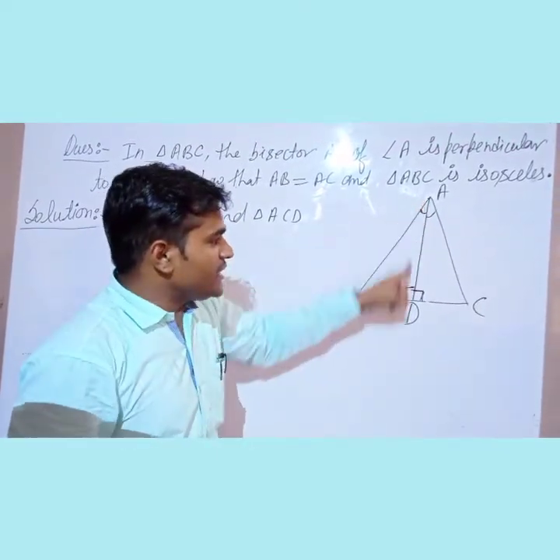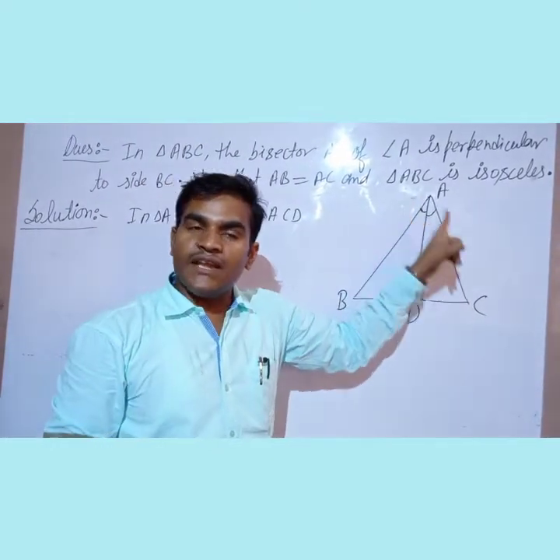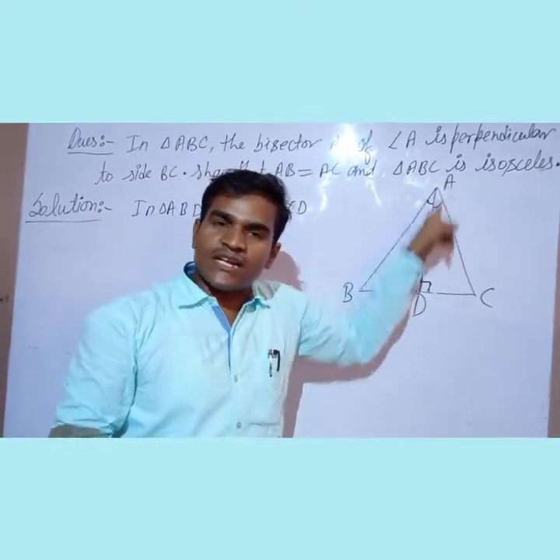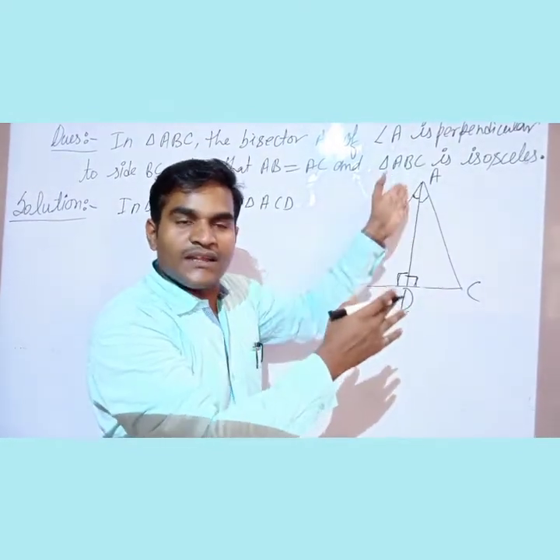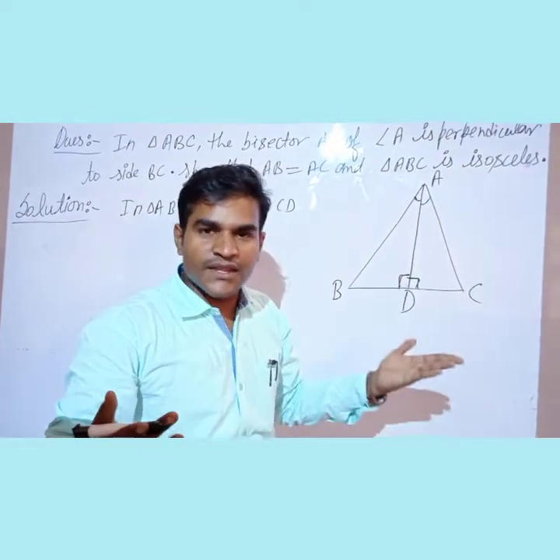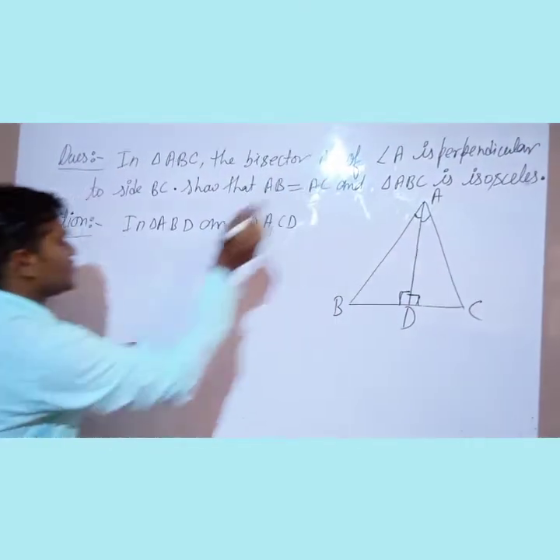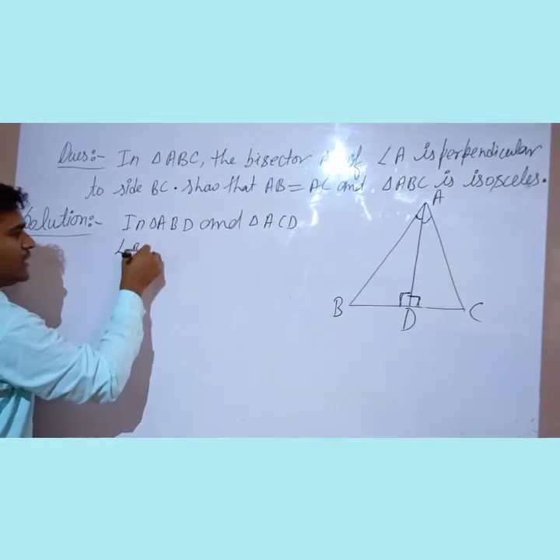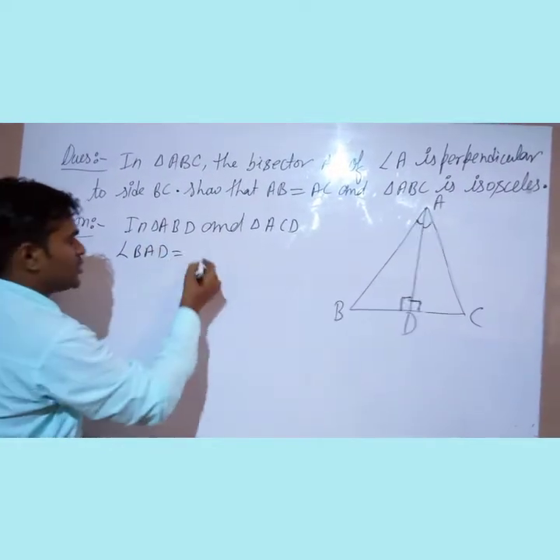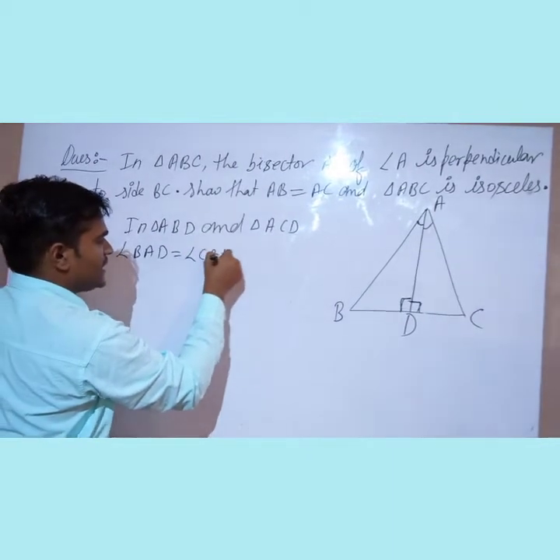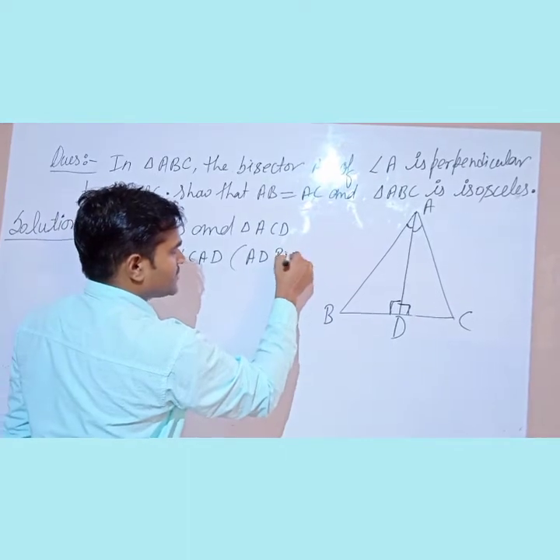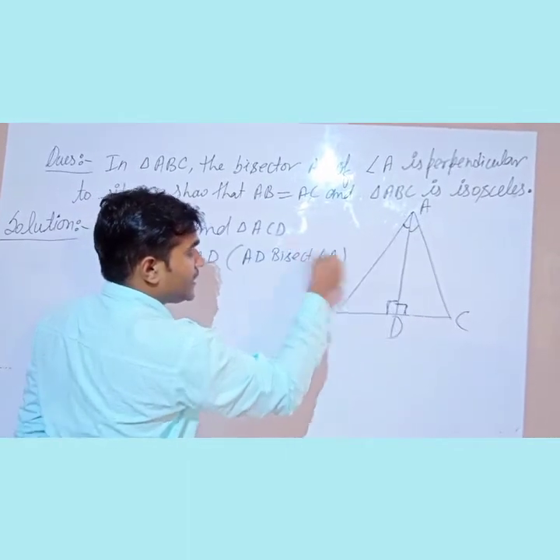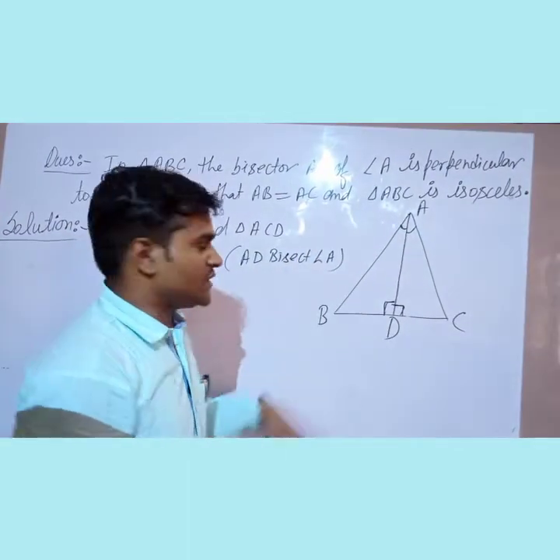Because AD is the bisector of angle A. If AD is the bisector of angle A, it means AD divides angle A into two equal parts. So angle BAD is equal to angle CAD, since AD bisects angle A.